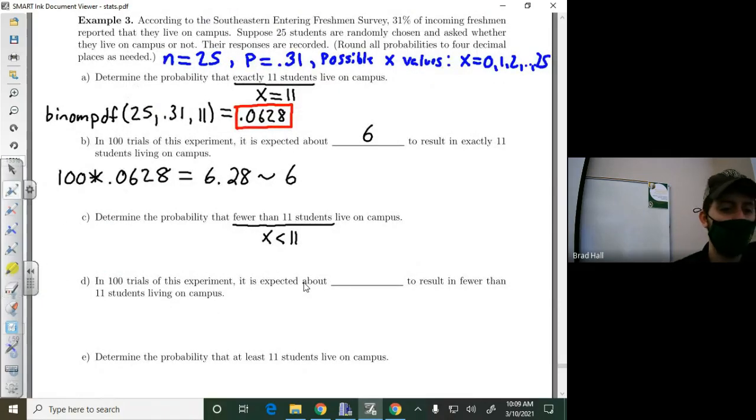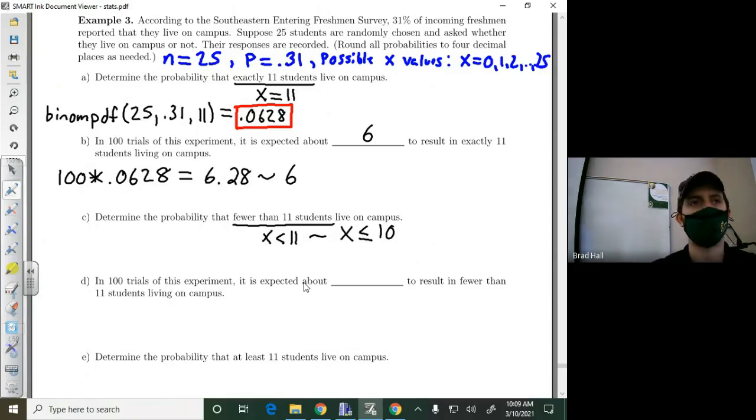So our inequality, X is less than 11, we need to rewrite that to where we have a less than or equal to sign. Does anyone happen to see how we can rewrite that as X is less than or equal to something? Just 10. If it's strictly less than 11, well, that means it could be 0, it could be 1, it could be 2, all the way up to 10.